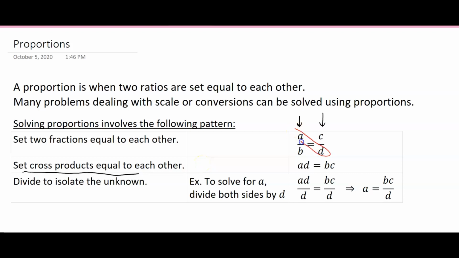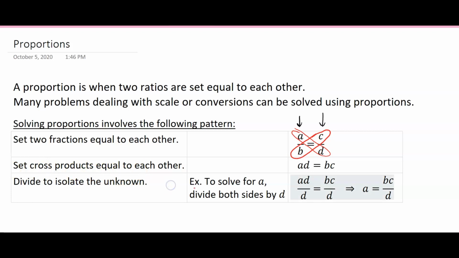This is one cross product, a times d. Product means multiply. So a times d is AD, and we're going to set it equal to the other cross product, b times c. Some people just say cross multiply here. So you're cross multiplying, but you are setting those two values equal to each other. So in a sense, you're getting rid of the fractions in your ratios.